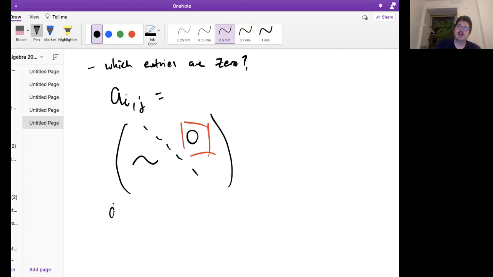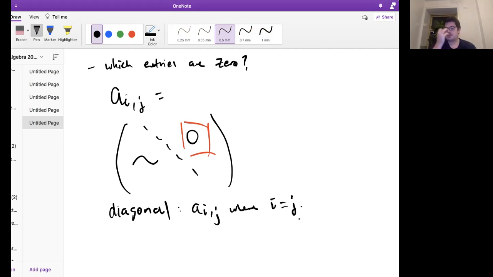Right. So on the diagonal, it's A_ij where i is equal to j. So now, how could you characterize it? Yes. So you could say that A_ij is equal to 0 for j greater than i.